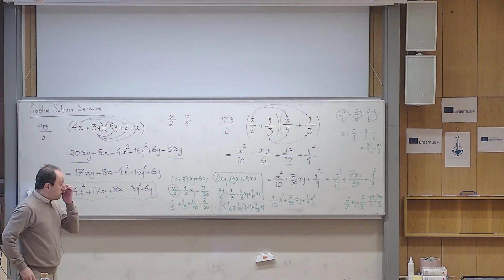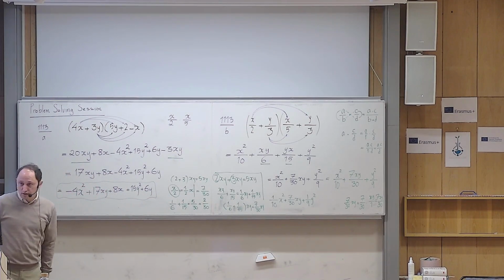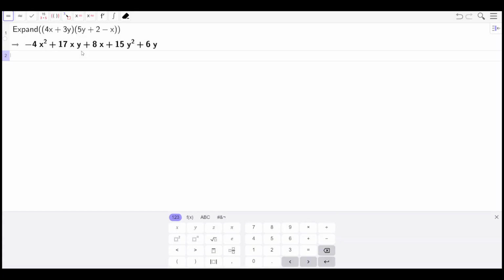Okay, is that clear? Okay, let us see what GeoGebra provides us. I will also use expand as expression. So I have a pair of brackets, and then I have x over 2, and then I go plus y over 3, and then go here x over 5, and then I have plus y over 3.